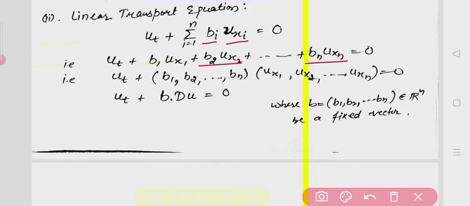It can be further written as ut plus, that vector can be written as b1 b2 b3 bn into ux1 ux2 uxn vector equal to 0. So this vector I write as b dot, दिस वेक्टर इज नोन एज द du या dxu or du, जो अभी हमने ऊपर डिनोट किया.